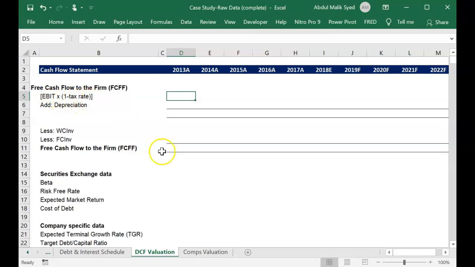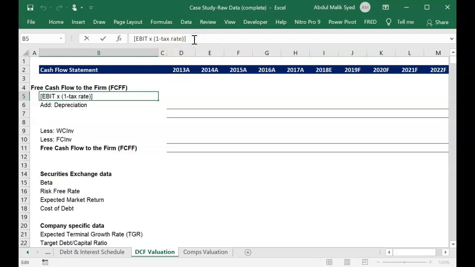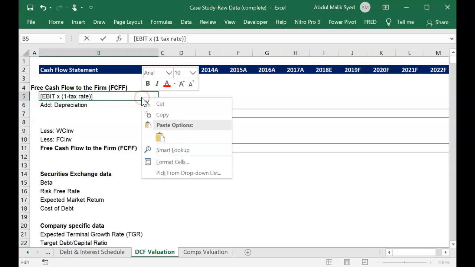EBIT times 1 minus tax rate, that is what we call NOPAT. Okay, this I can put a comment.